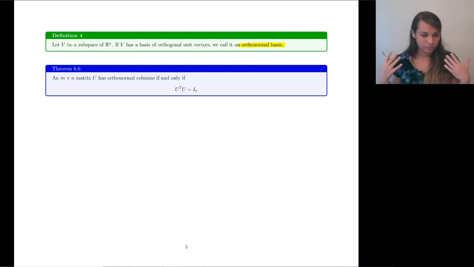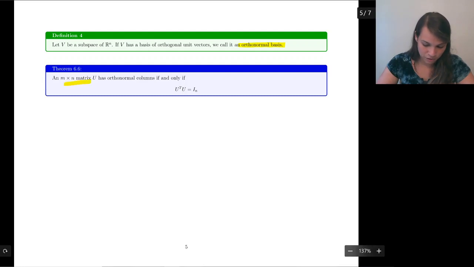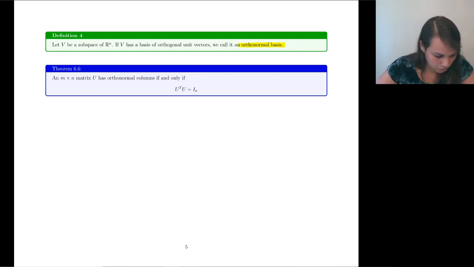Why? I'll show you. First off, we've got a matrix U, and it has orthonormal columns if and only if, when you do this, you get the identity matrix.